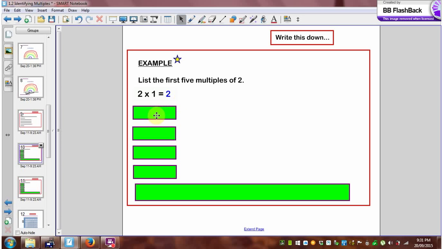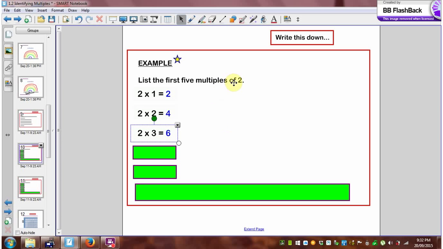Okay, our next one is our number that we're working on, multiples of 2. 2 times 2 equals 4. So 4 is our next multiple. Write that down. And then, as you can see our pattern, we're going to go 2 times 3 is 6.